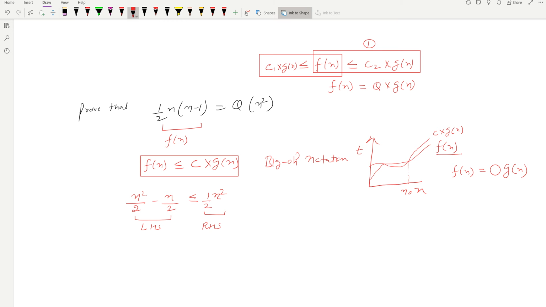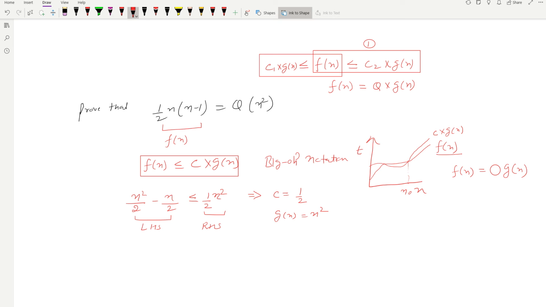Why? Because on the left we are subtracting n by 2 from n square by 2, and on the right hand side we have n square by 2, so the right hand side will always be greater. From here we can conclude that the value of c here is half and the function g of n is equal to n square, and this inequality holds true.